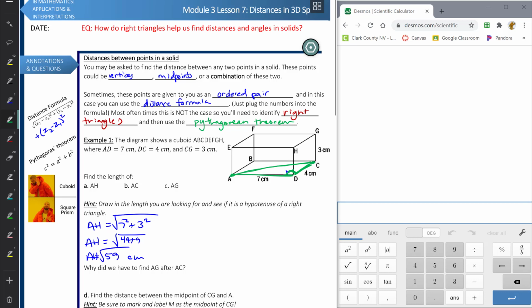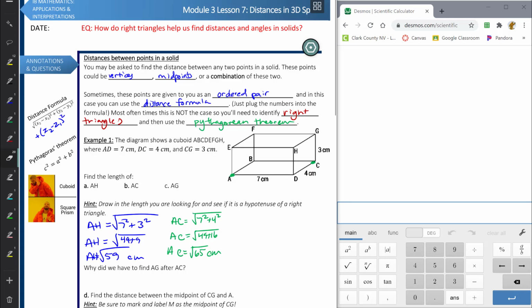AC is going to be the square root of 7 squared plus 4 squared. Those are the sides that make up that one. So that's going to be square root of 49 plus 16, which is going to be the square root of 65 centimeters.